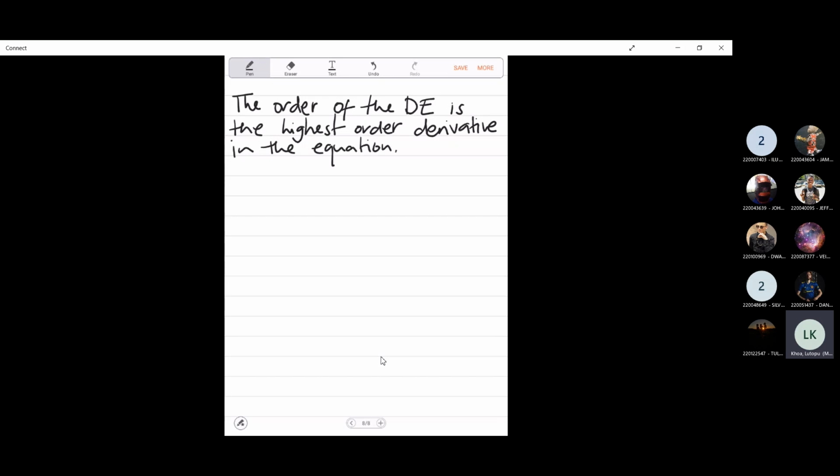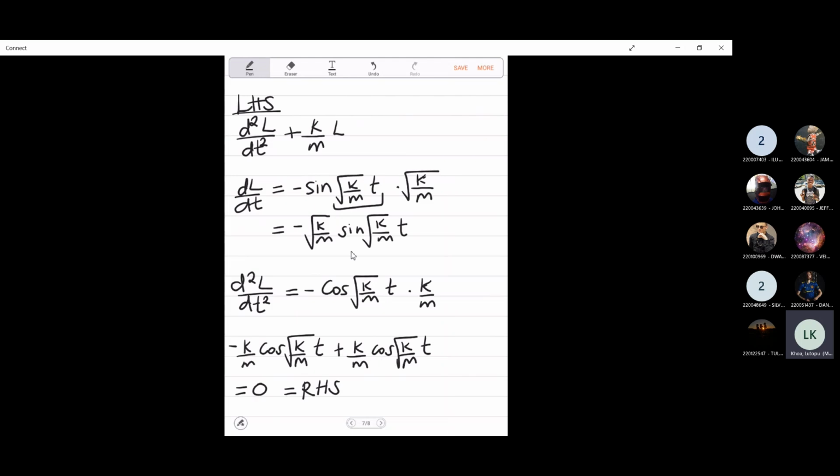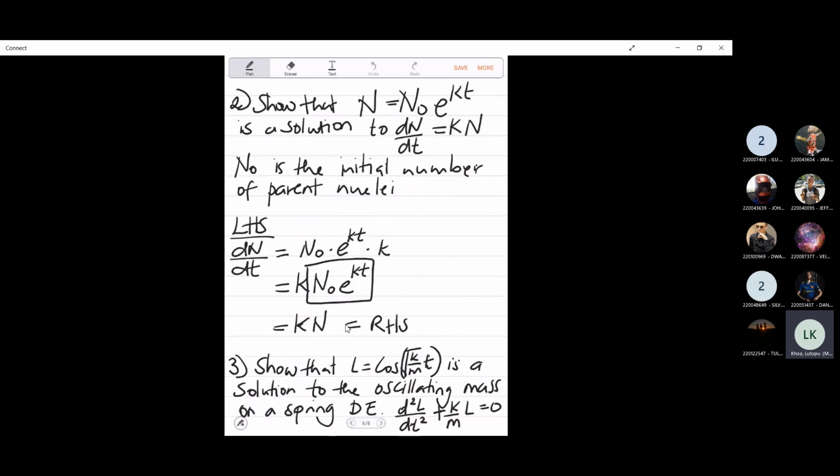If we look at this one that we did over here, this one is a second order differential equation because the highest order derivative is 2. This is a first order differential equation because we've only differentiated once.